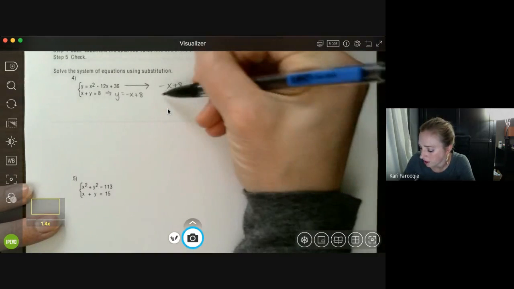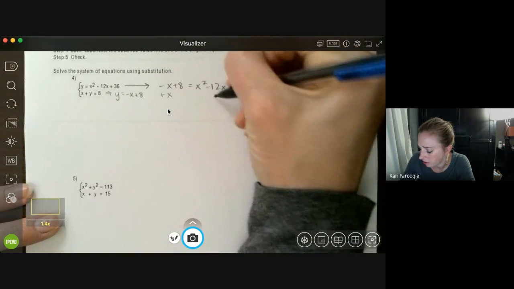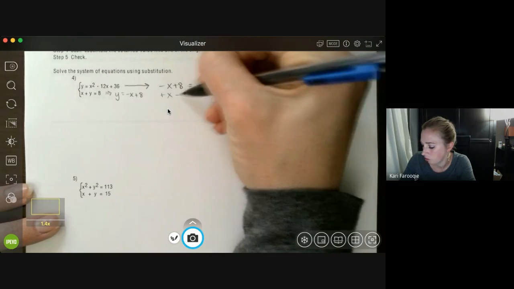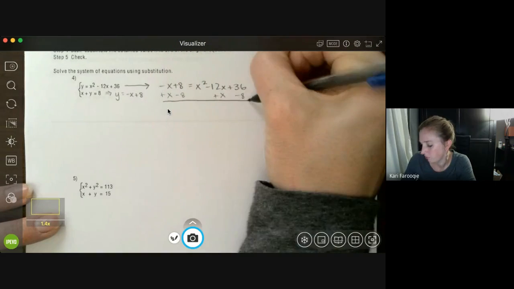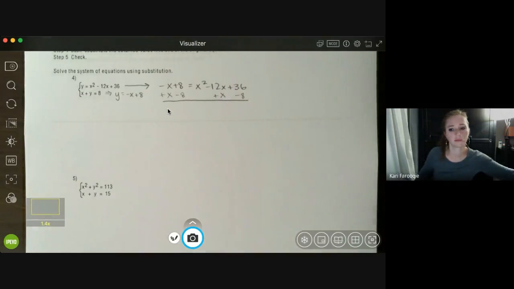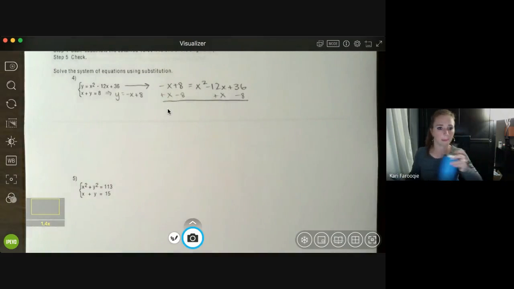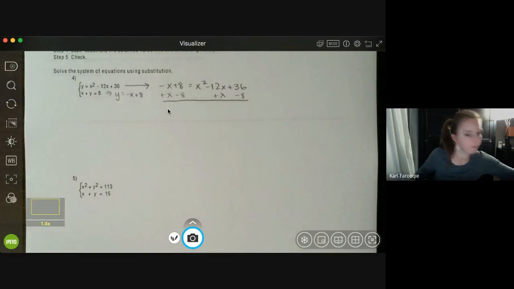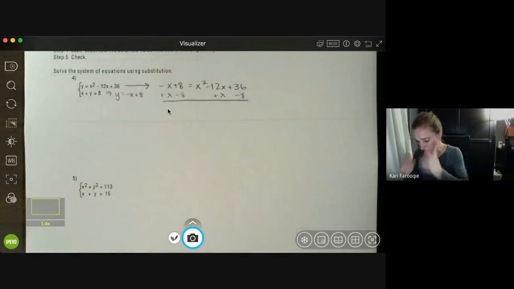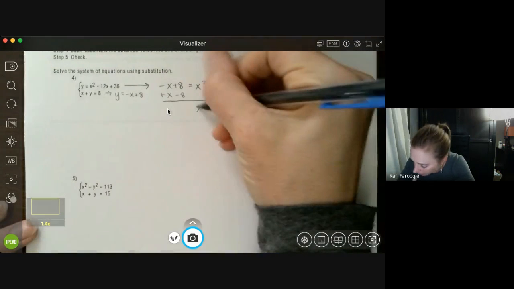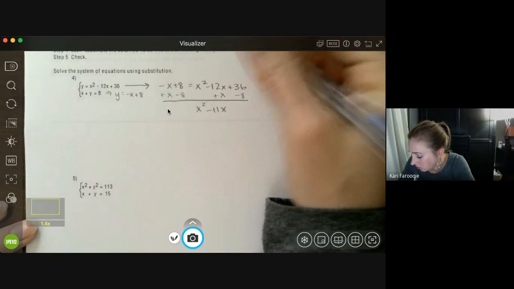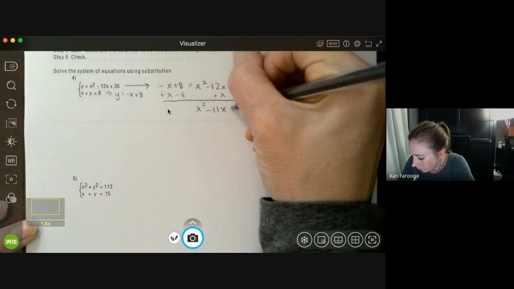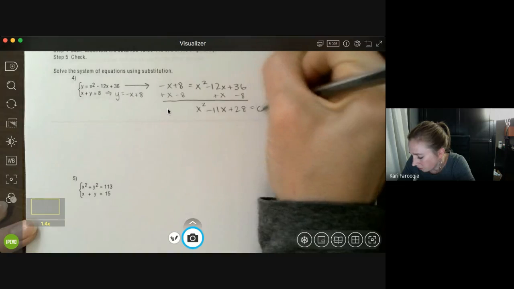So I'm going to go ahead and add x on both sides and subtract 8 on both sides. And then we'll get this set equal to 0. So we'll have x squared minus 11x, and then 36 minus 8 is what, 28? Equals 0.